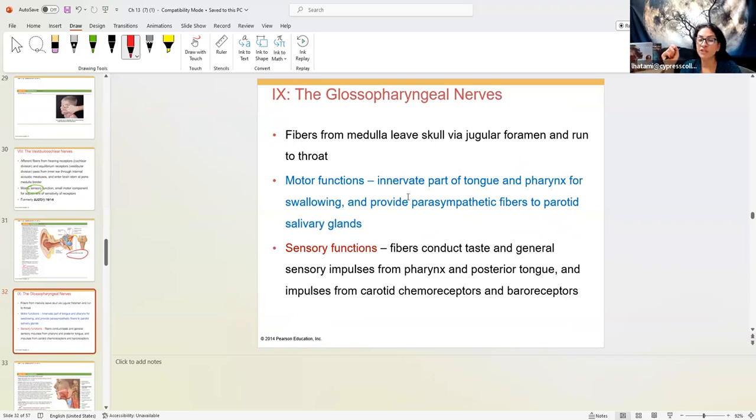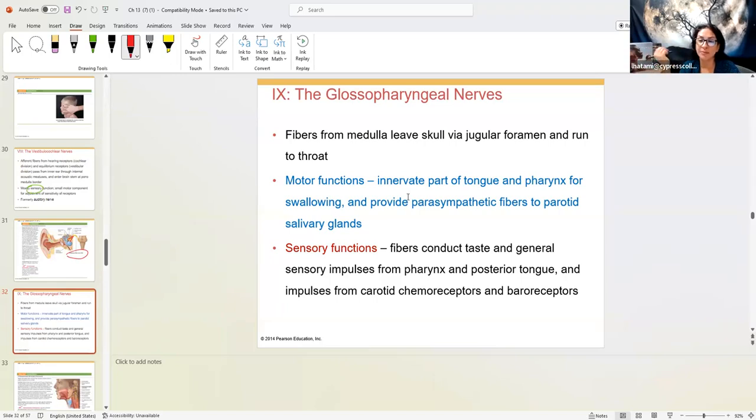The motor function we can define for the glossopharyngeal nerve is innervating the muscles of the tongue and the pharynx for swallowing. As glosso means tongue and pharyngeal relates to the pharynx, to the throat. Then as the sensory function, we can define carrying taste information and also general sensory impulses from the pharynx and also the posterior part of the tongue to the brain.